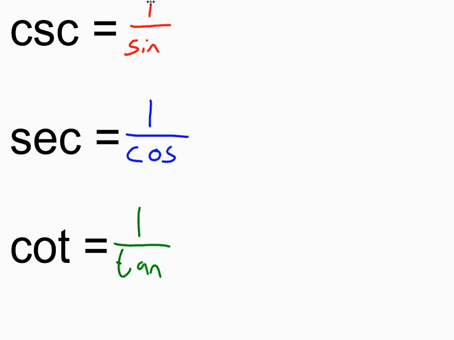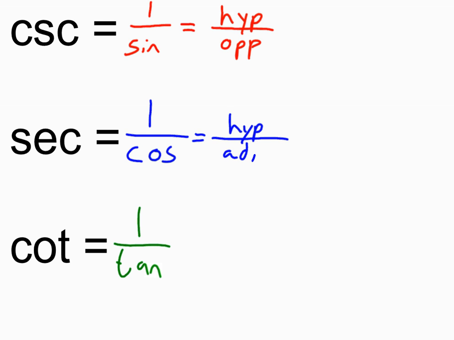So if we already know what our sine, cosine, and tangent are, cosecant, secant, and cotangent are just the reciprocals. Because sine was originally opposite over hypotenuse, cosecant is hypotenuse over opposite. Secant, the inverse of cosine, is going to be hypotenuse over adjacent, the reciprocal.